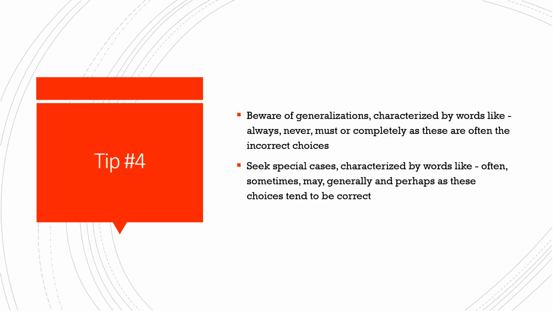These choices tend to be the correct answer. So, quite simple, right? All you need to do is if you're selecting an option that has one of the words which generalize everything, like always, never, must, or completely, the option that you're selecting could be incorrect. So try to check it again, try to recheck it.